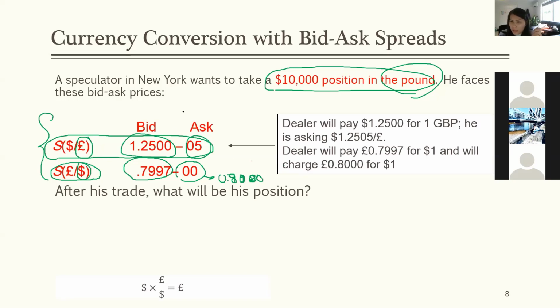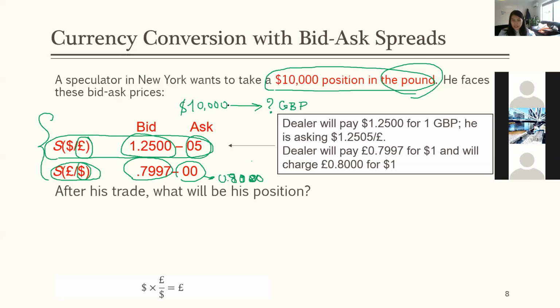Here my principal is $10,000, and I want to convert it into the pounds. The question is how much pounds do I get? 7,996. And how do we get that number? You simply take this and divide by what?